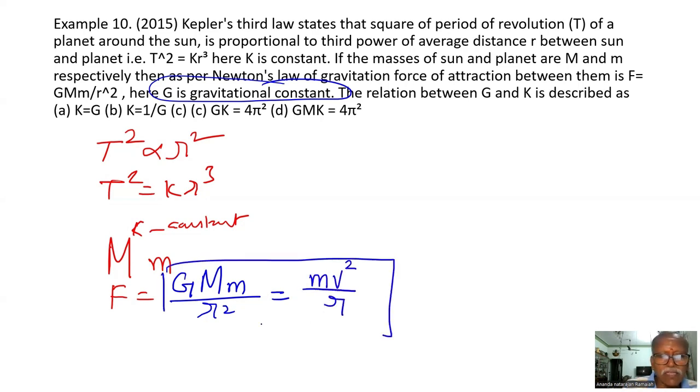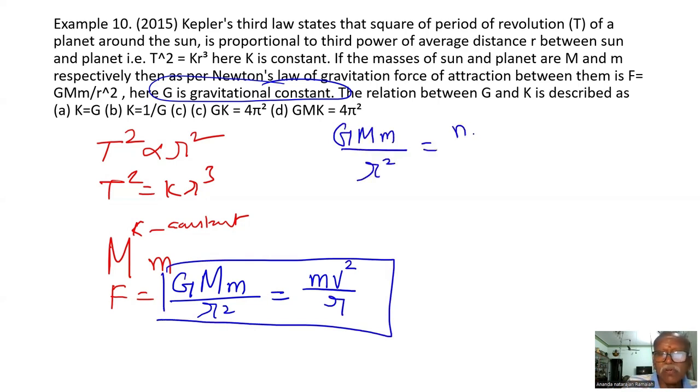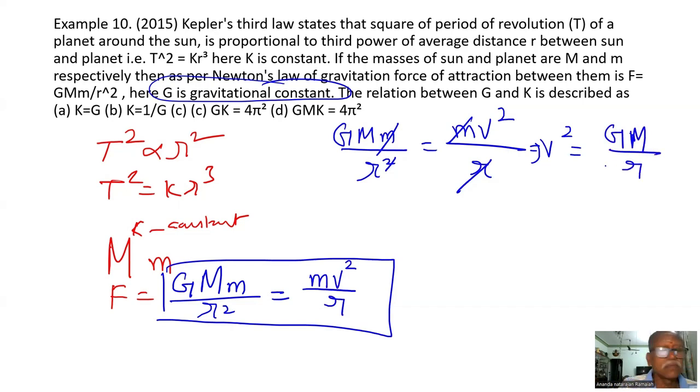So G M m divided by r square equal to m v square divided by r. R square, r getting cancelled, small m getting cancelled. This implies v square equal to G M divided by r. Let it be 1.